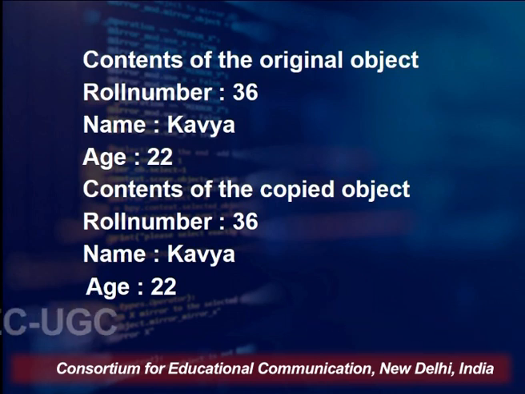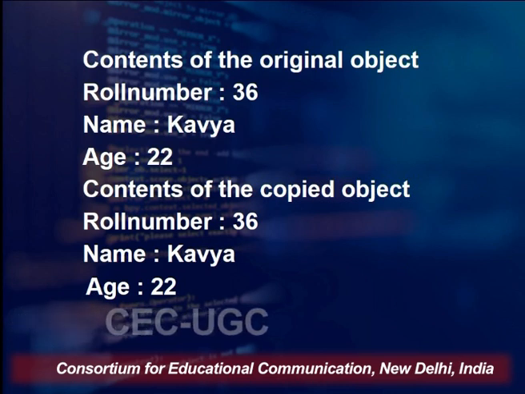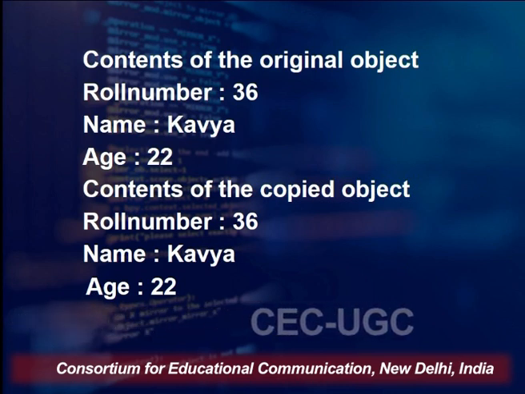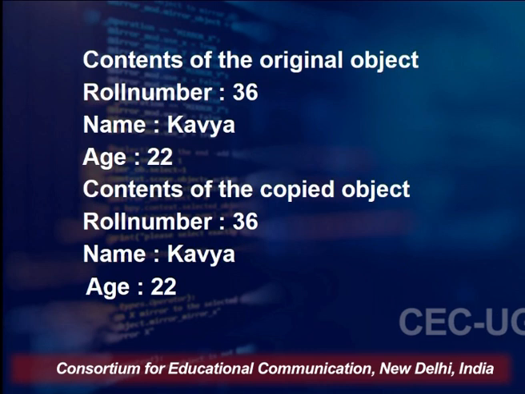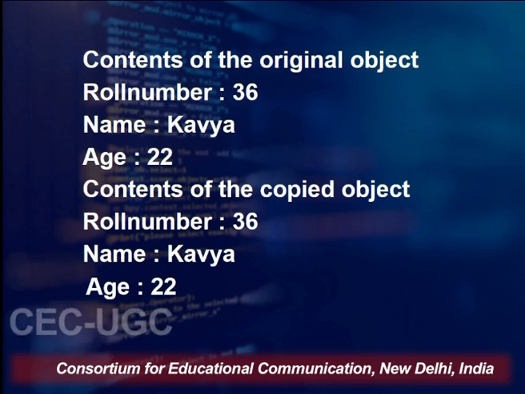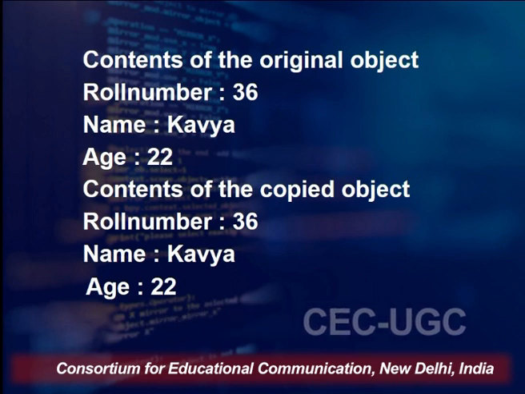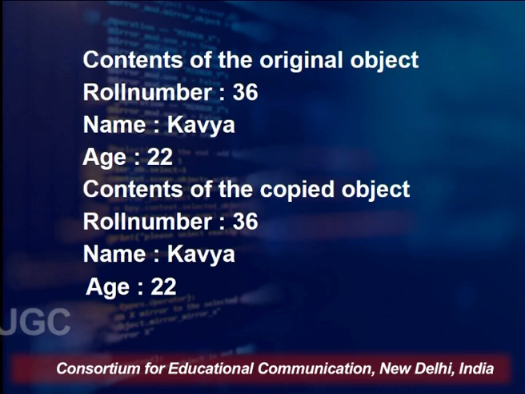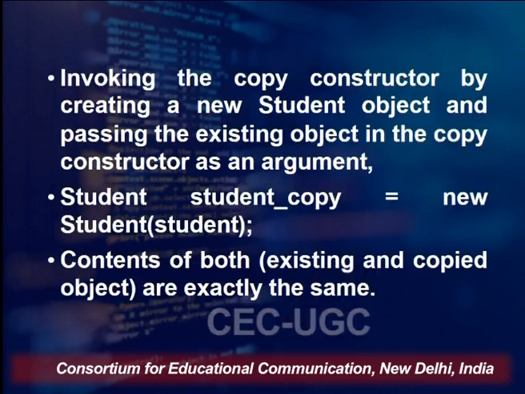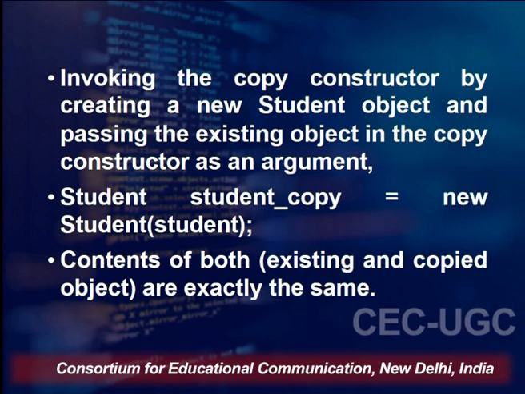So we have created one object, and that object has been passed to the copy constructor, and that copy constructor, by virtue of the functionality written into it, has created one object, or one replica of that S1 object.